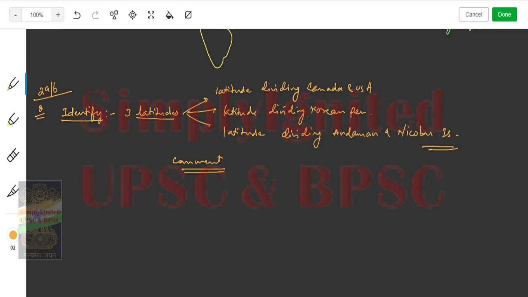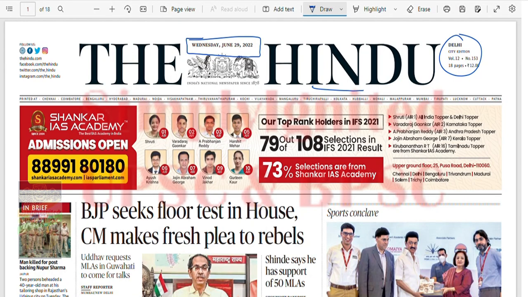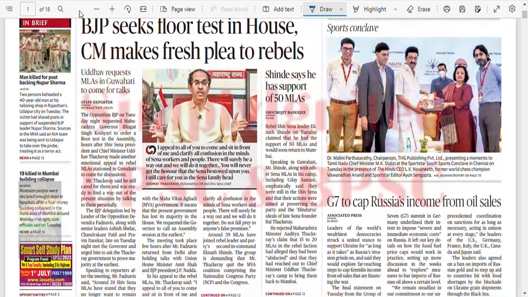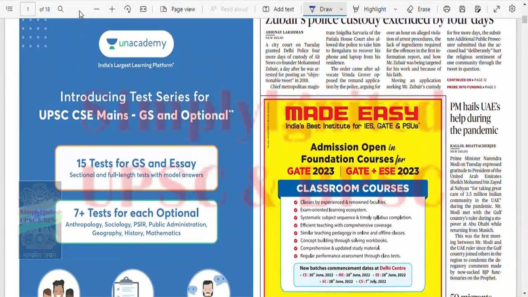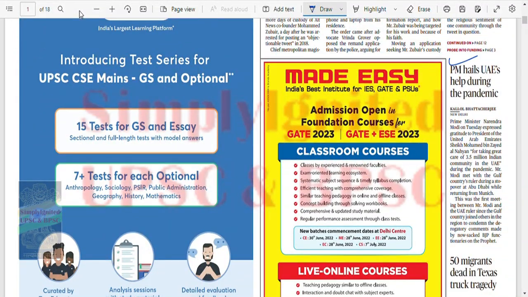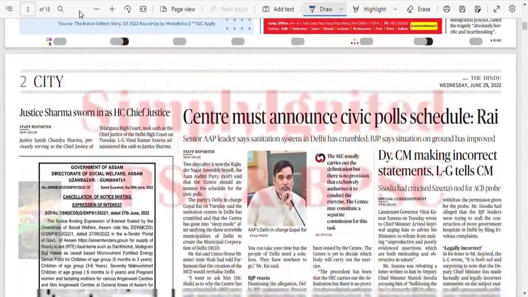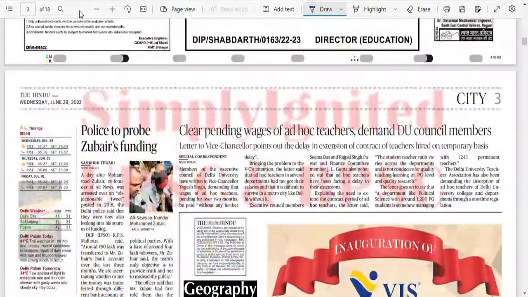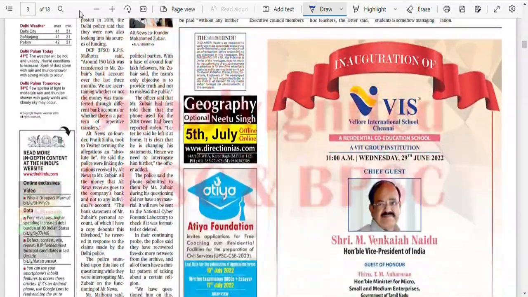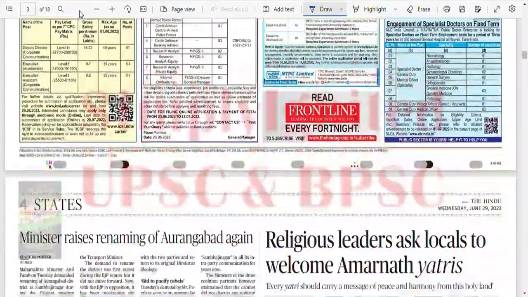Okay, so let's go on to identify the most important news. Let's see. G7, Jubair police 19 killed. Okay, nothing here. This is important. There is nothing here. Nothing here.